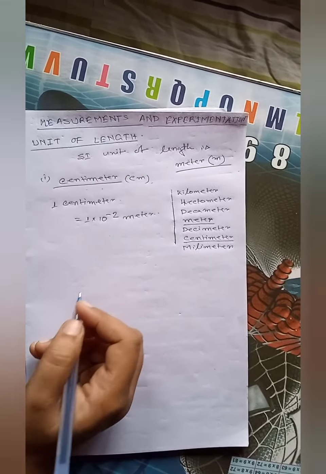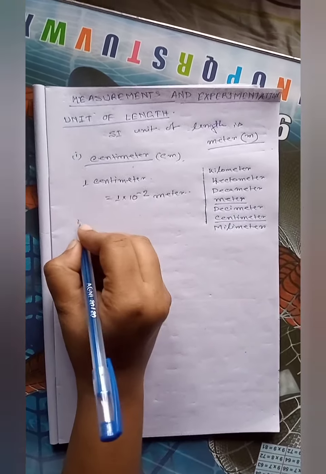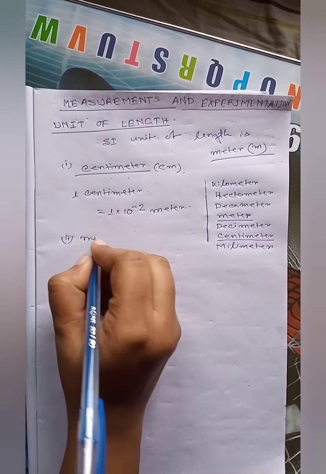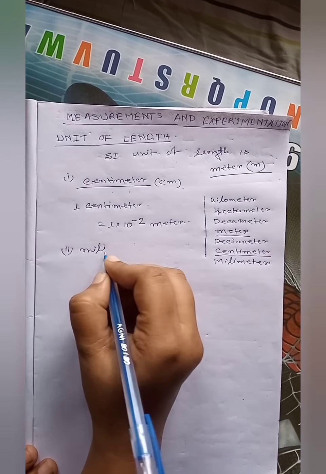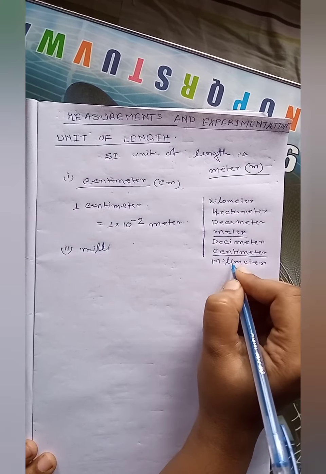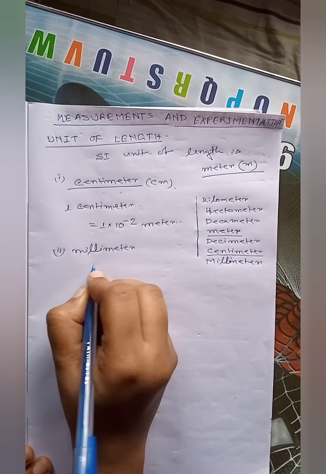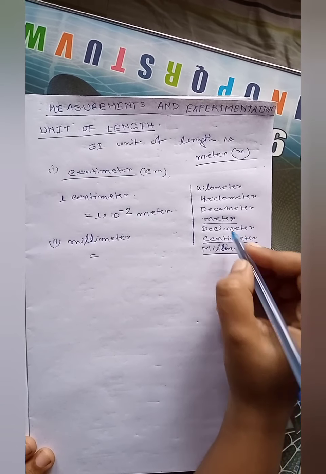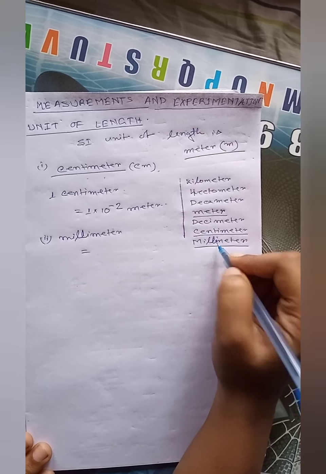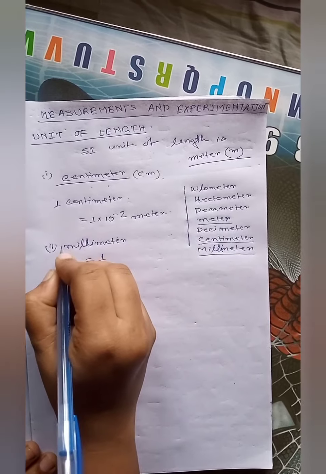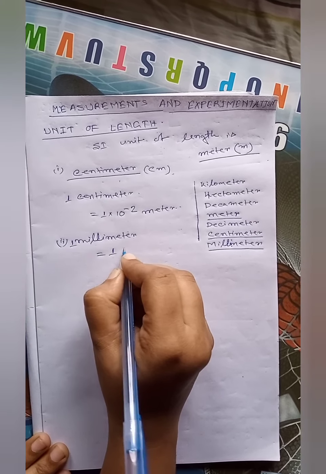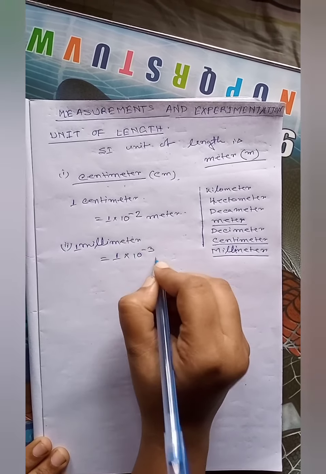Now the second subunit is millimeter. Here millimeter is 3 steps below from meter. That's why 1 millimeter equals 1 into 10 to the power minus 3 meter.